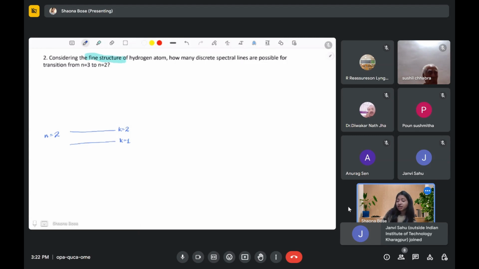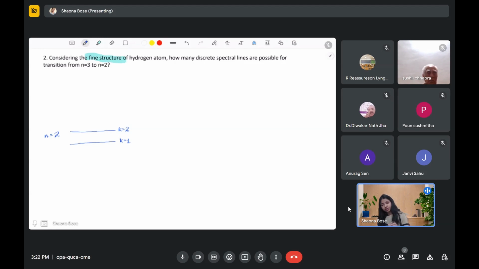That means because of the electronic spin and the interactions of the different electrons in the different suborbitals, there is splitting in each of these levels, right? Here we'll just limit ourselves to the first split. So for n is equal to 3, we have 3 lines.